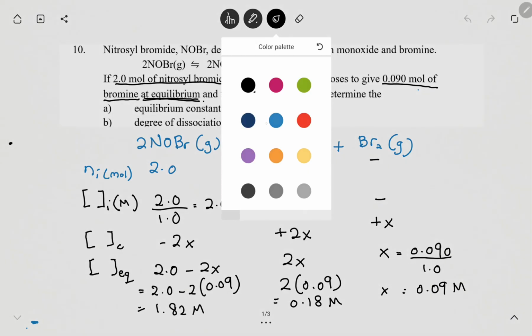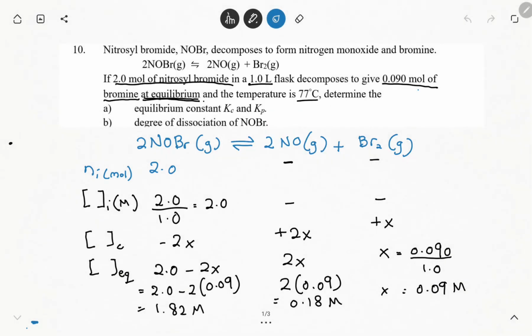This is the concentration change for the reactant, 2x, so this is the concentration dissociated. If the coefficient is 3, here it would be minus 3x, so the concentration dissociated is 3x. So we take 2x and the concentration initial is 2.